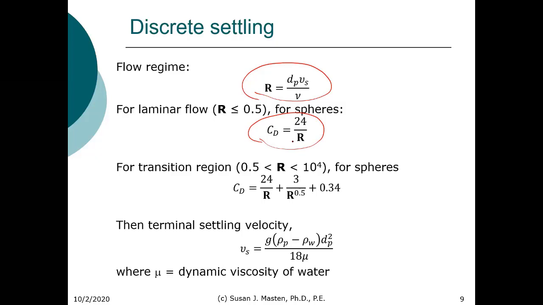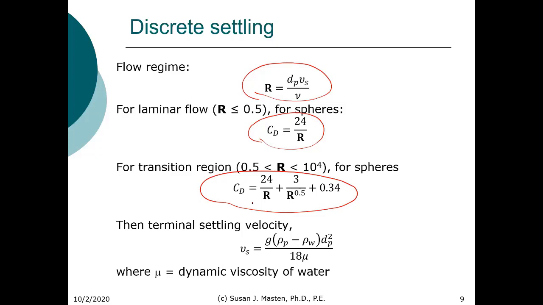And as I mentioned, we're only going to look at spherical particles. For the transition region between laminar flow and turbulent flow, the coefficient of drag is a more complicated equation shown here. And it's a function, again, of Reynolds number.